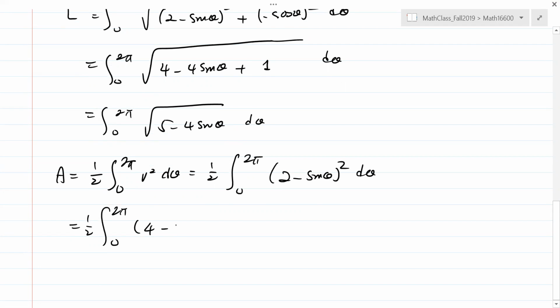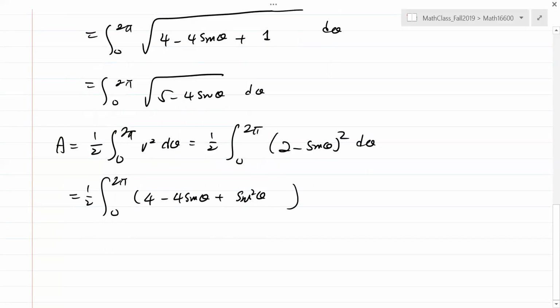So you can multiply this out to 4 sine theta plus sine squared theta. Now sine squared theta should be replaced by cosine, because cosine 2 theta equals 1 minus 2 sine squared theta.